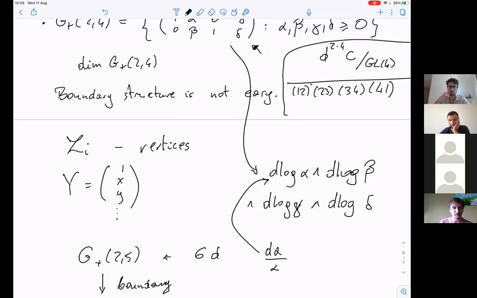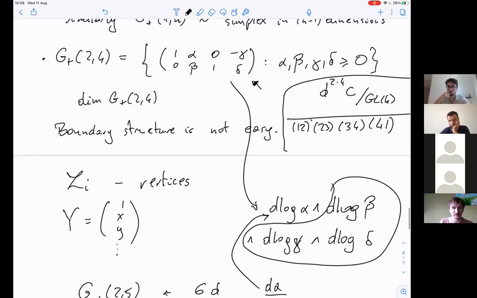When you take the residue at the boundary, you will get this 3-form as the answer. And then you can continue. So the structure of removing the d logs, going to boundaries and still having a positive geometry, is still there for the positive Grassmannian. It's just that these boundaries do not look like positive Grassmannians anymore.